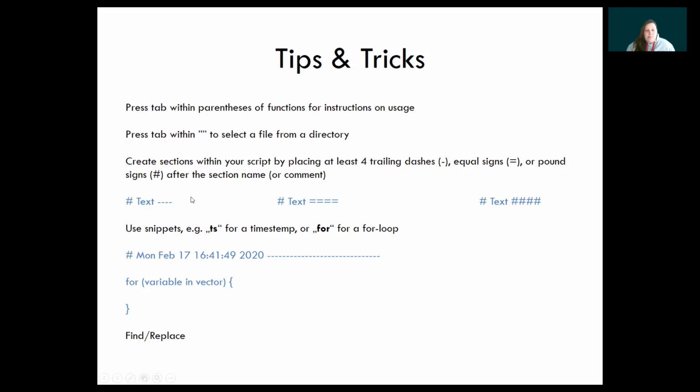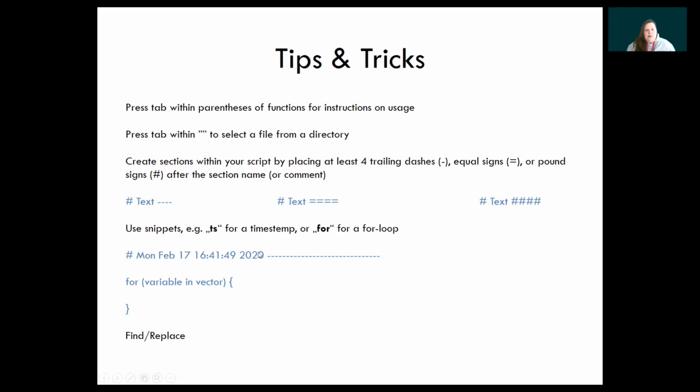You can also use snippets, and you can even create your own ones, which I will also show later. So for example, there is the snippet TS, which stands for timestamp. What you do is just type in TS and then Tab, which will show you the option of using the timestamp, and then you just press Enter. And what you get is something like this.